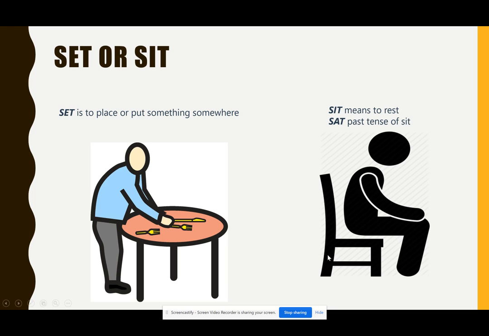I will sit on the chair. I sat on the chair. I will set the silverware on the table. And it's really important when we're speaking that we pronounce those vowels. Set, sit, sat. You hear that sound.